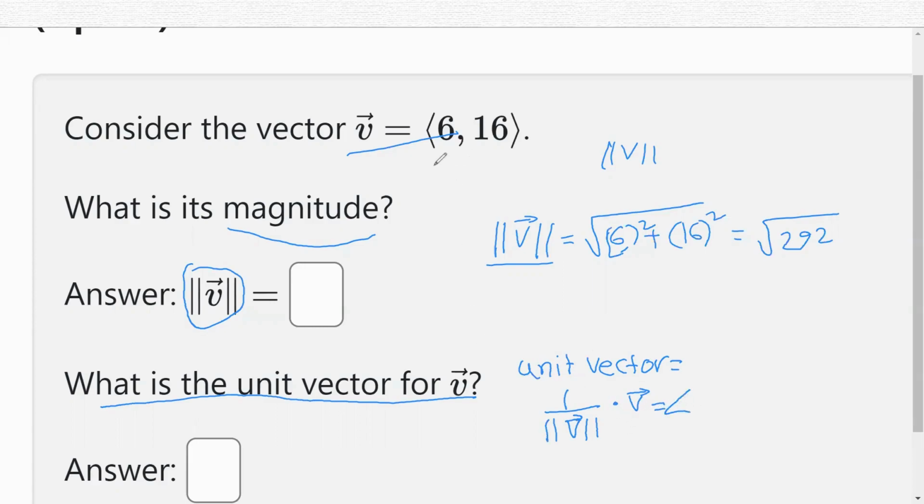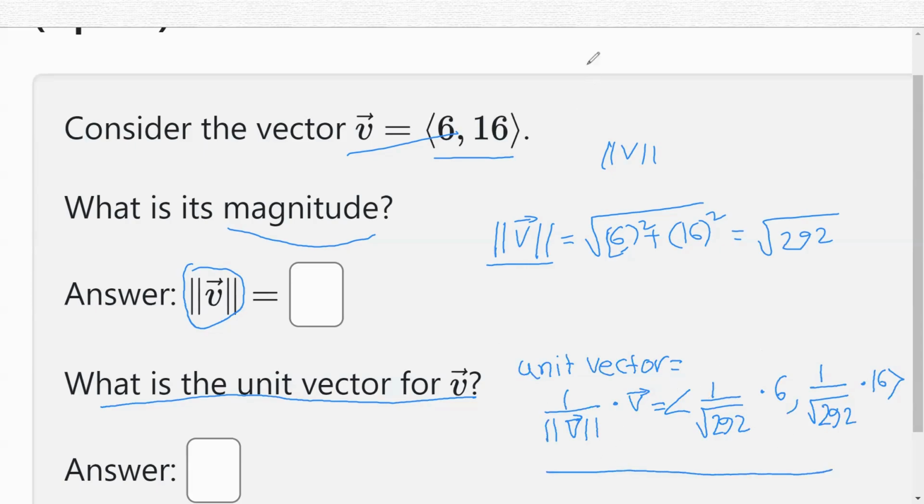So I have 6, 16. I'm going to do 1 divided by the norm, which is square root 292, times my first component 6, and my second component is 1 divided by square root 292, the norm, times 16. So this is my unit vector for this one.